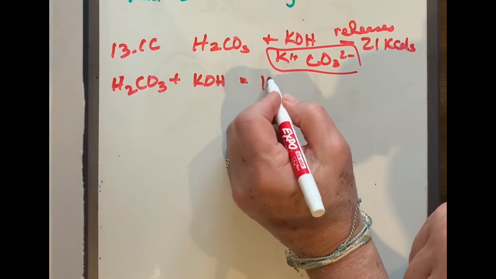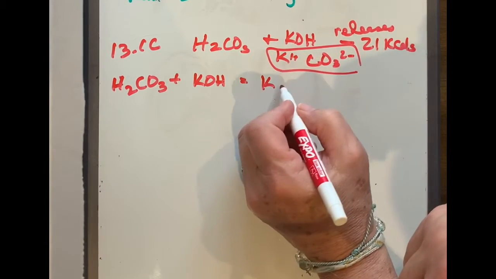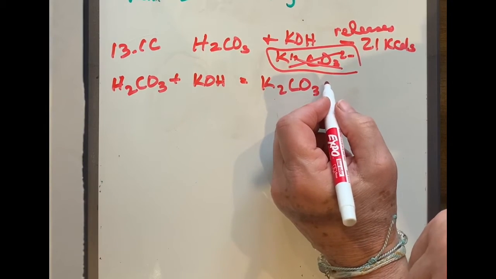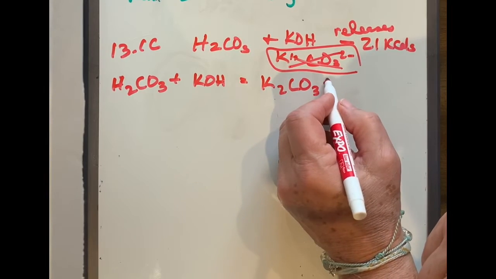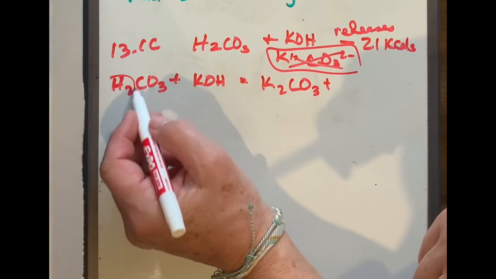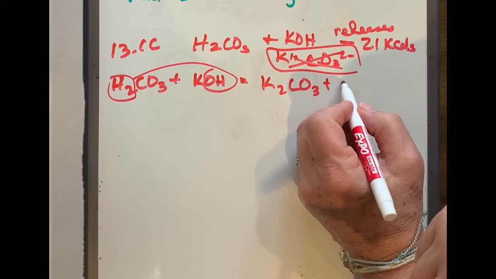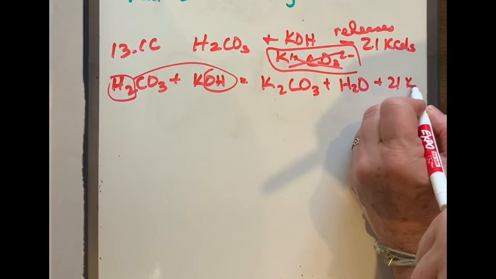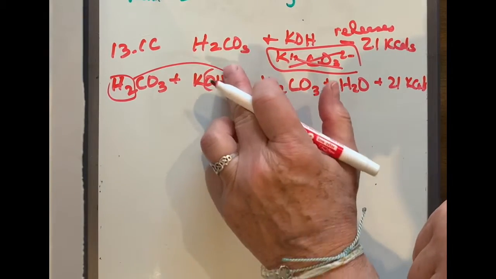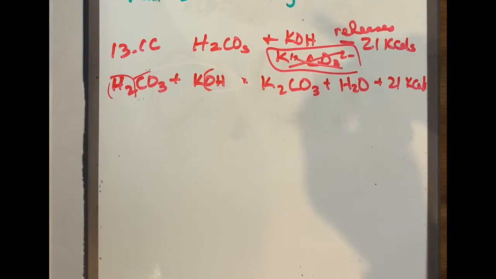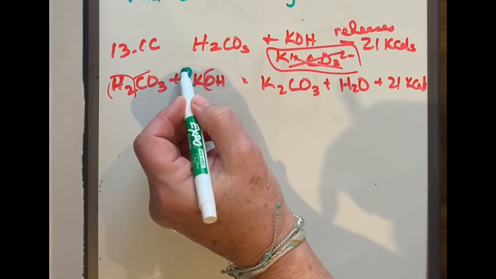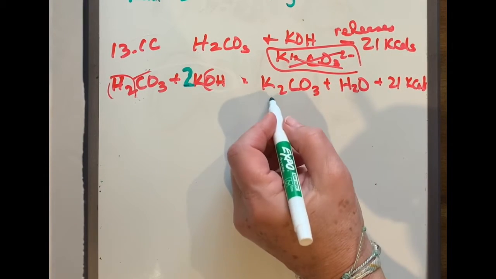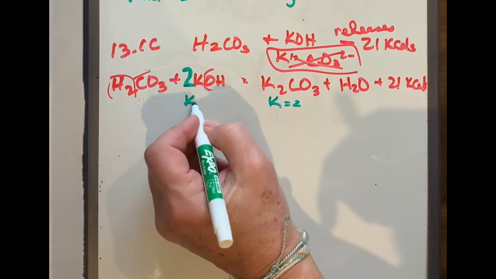So we have K2, so we rearrange these, it's K2, cross and drop, CO3, we don't have to do anything else with that, plus, and it's H2O, so we have this guy and this guy, so H2O, plus our 21 kilocals. All right, so that looks pretty good. Now we have to make sure it's balanced. Our K is 2, our K is 2.